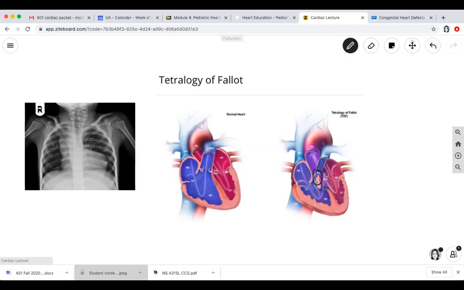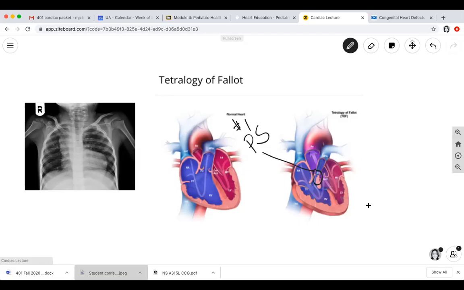I'm going to try to keep it, let's put it over here. So pulmonary stenosis, number 1. So you have this narrowed vessel slash valve where blood should be able to flow from the right ventricle into the pulmonary circulation.